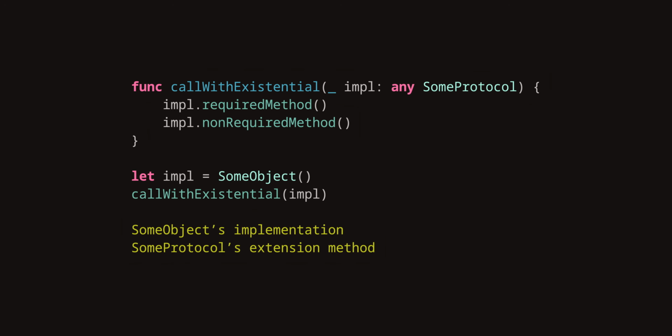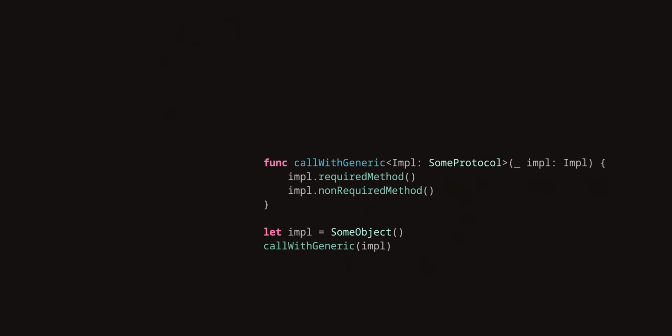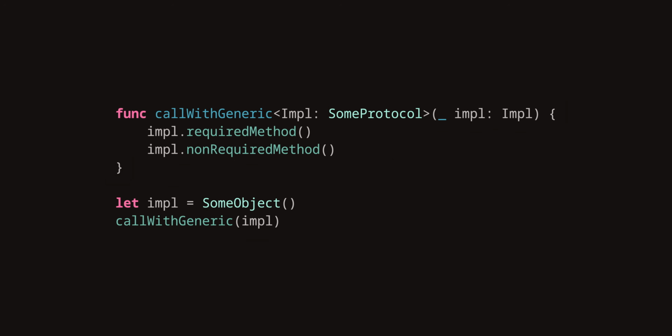But when it sees the method that's not a point of customization, it calls the version specified in the protocol extension. That's because the runtime has no knowledge of the concrete type. And here's the most surprising scenario. When you use the protocol as a generic constraint, the compiler does know about the concrete implementation, but the runtime doesn't.